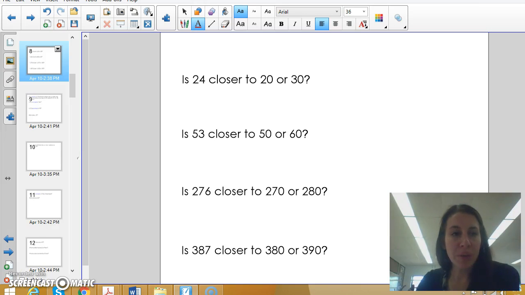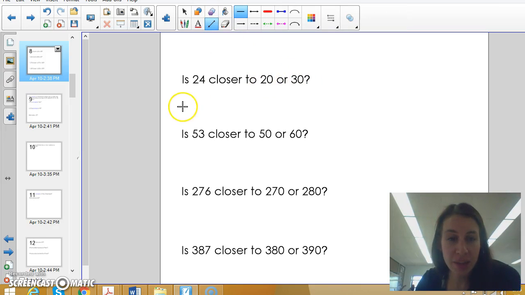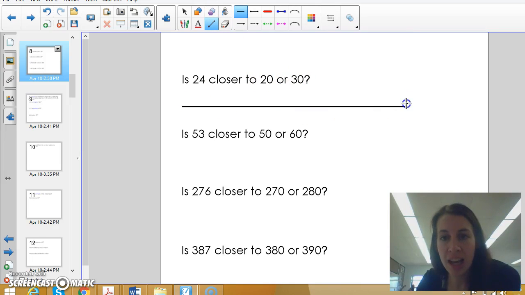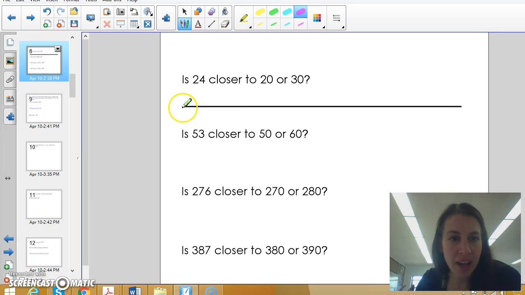The reason why we round, guys and girls, is because it helps us to estimate. And estimating, we know, is so important to figure out whether when we add or subtract or multiply or divide, our answers sound like they're close to the right answer. And so, guys and girls, if we look at 24 and we want to know, is it closer to 20 or 30? One of the strategies I like to use is I like to pretend that this line is a highway. And on each end of this highway, I have gas stations.